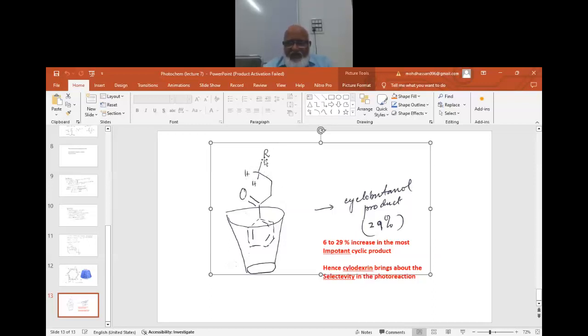It is now set for abstraction of gamma hydrogen, the alpha, beta, gamma. The excited carbonyl in the presence of light can abstract gamma hydrogen to generate a 1,4-diradical, which will combine to give cyclobutanol as one of the most important products in this case.